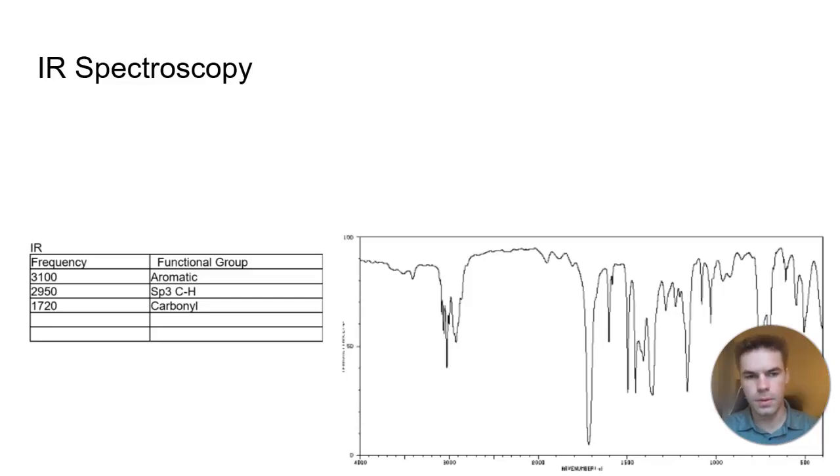And then I also noticed the sp3 CH groups that are indicated by just being below the 3000 frequency mark. And then I also noticed the frequency just above 3000, which indicates the existence of aromatic protons.